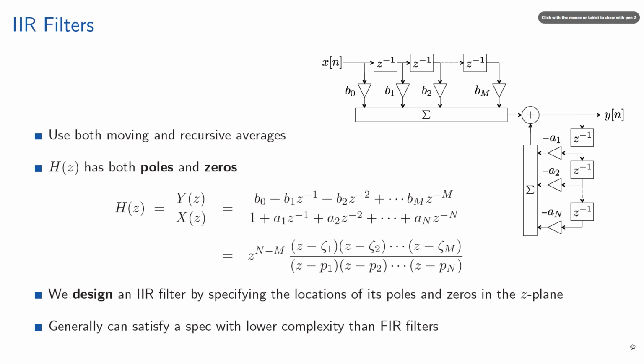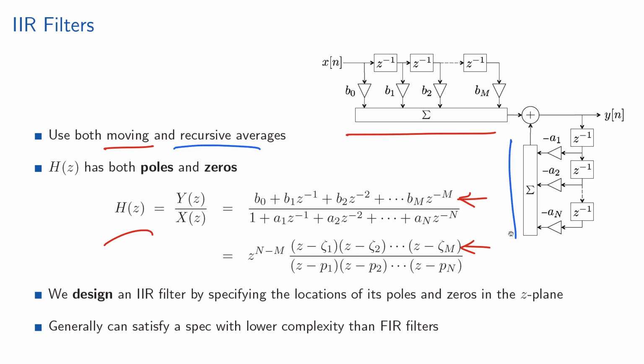So recall that an IIR discrete time filter uses both a moving average component, and that gives way to the numerator and the zeros of the transfer function H(z), and a recursive average component that gives rise to the denominator and the poles of the transfer function H(z). And the way that we design an IIR filter is basically by specifying the locations of the poles and zeros.